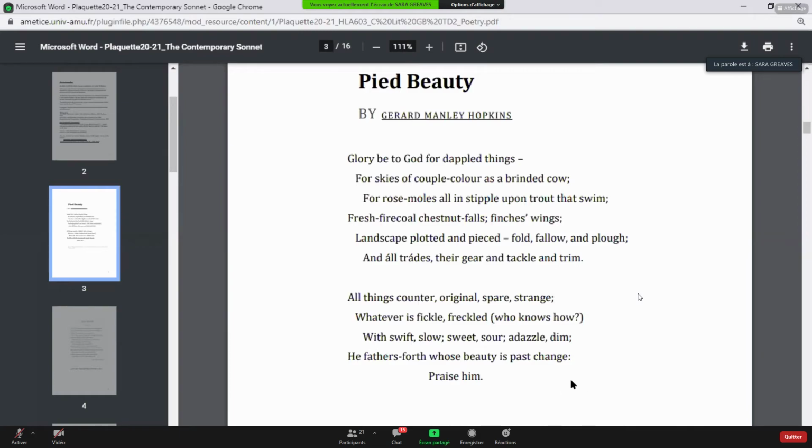There's a change there also, if you think about all the images that he's given of dappled things, and couple-colour, brinded: this image of things that are flickering in the light, and they're changing. You've got this word "fickle", which means changeable. And swift, slow, sweet, sour, switching from one to the other, this contrast, like the play of light and shadow.